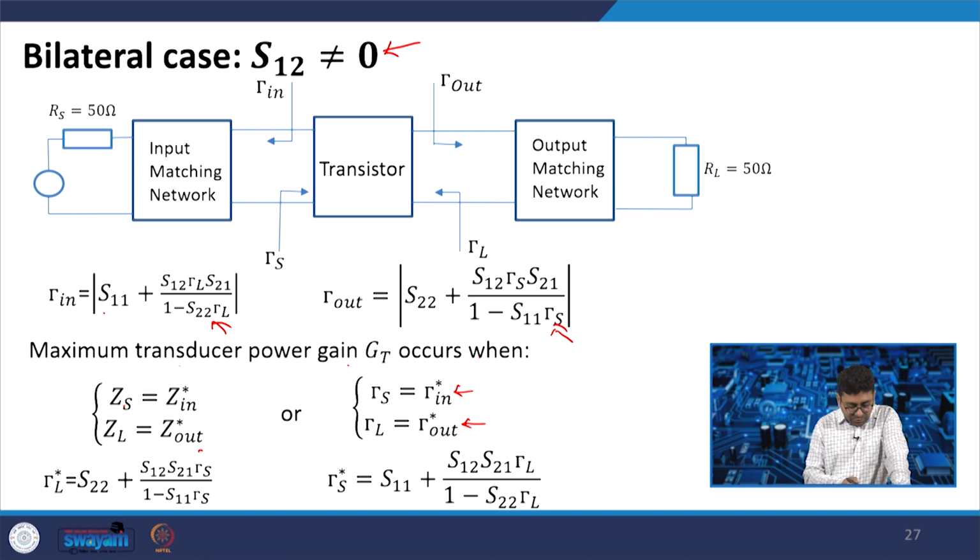So you can directly write gamma L conjugate, because gamma out is equal to gamma L, which is S22 plus S12 S21 gamma S by 1 minus S11 gamma S, and gamma S conjugate, which is applied to gamma in, so S11 plus S12 S21 gamma L by 1 minus S22 gamma L.